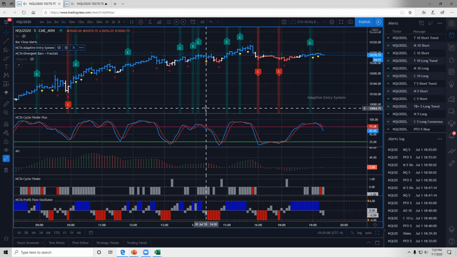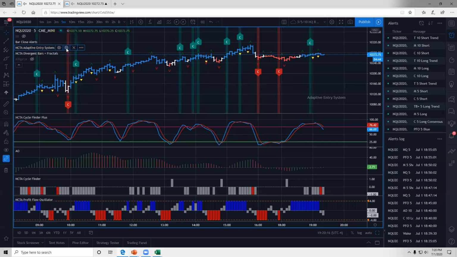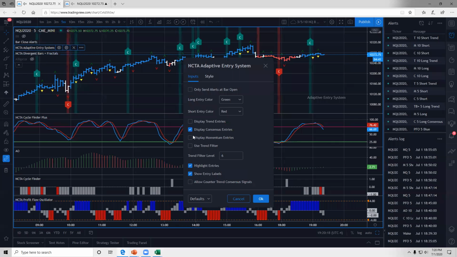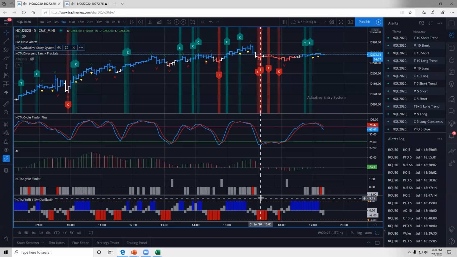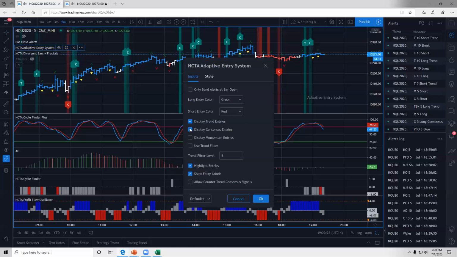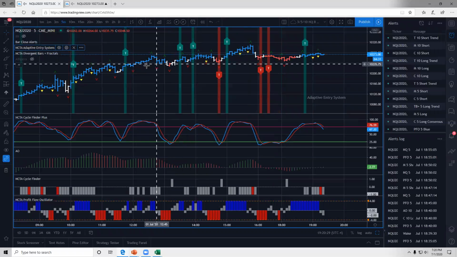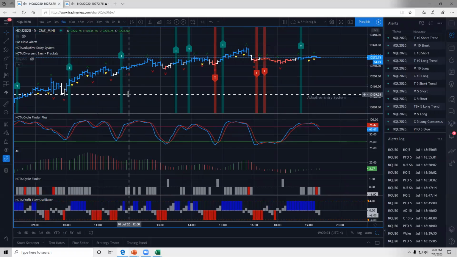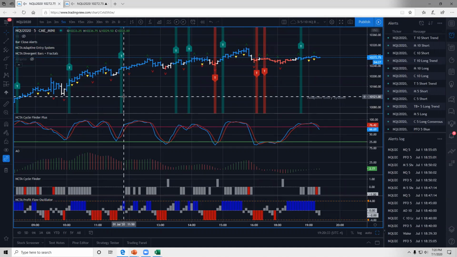Now you can have all of these on your charts. You can trade every signal throughout the day, all three indicators. You could decide to focus on a single indicator. Like today, I was trading only the trending entries, which made for very simple and easy trading.